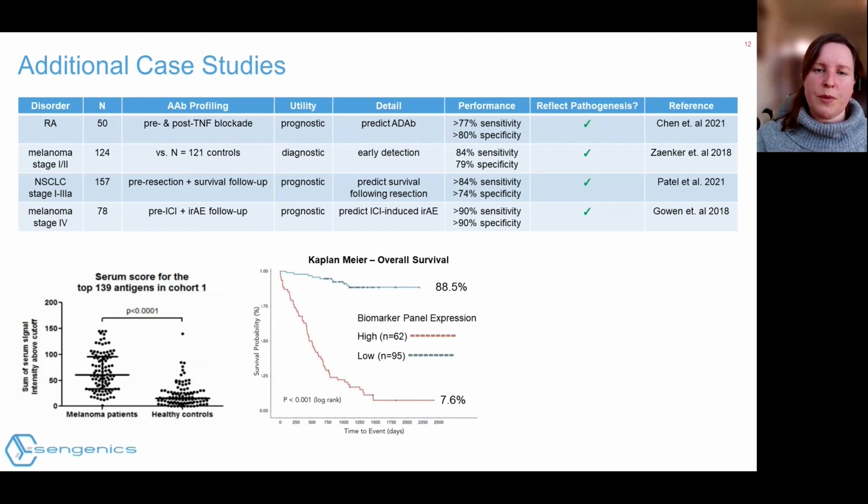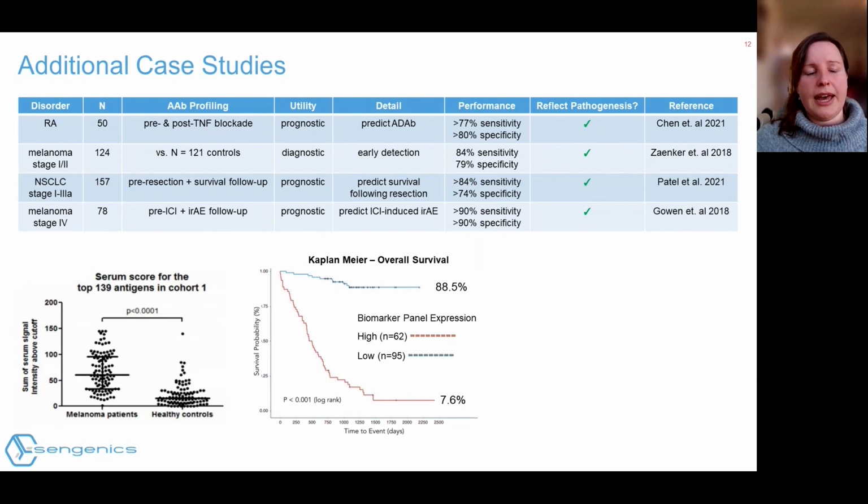This is an image from a Kaplan-Meier survival curve from that publication, and you can clearly see here that high expression of the biomarkers in the panel correlate really well with lower survival, and low expression of the biomarkers within the panel correlate with high survival.